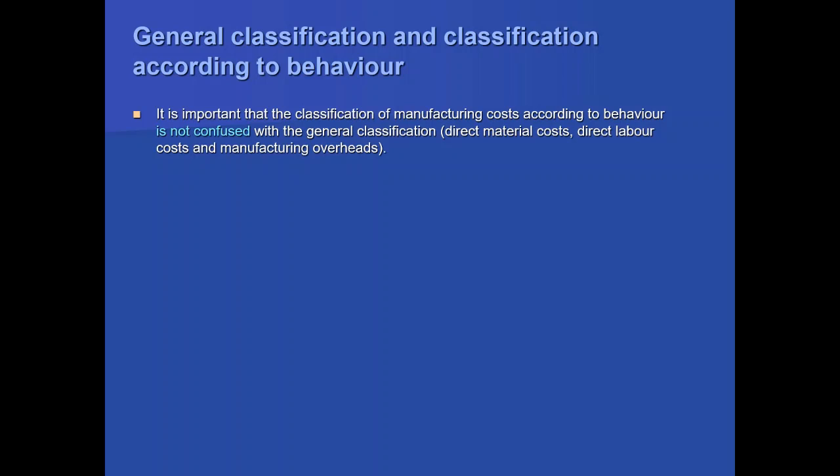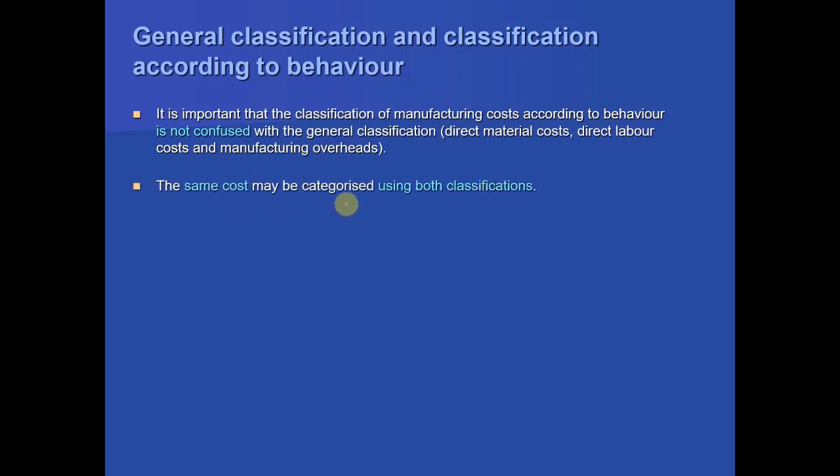So let's just compare again the general classification and the classification according to behavior. It is important that the classification of manufacturing costs according to behavior is not confused with the general classification. The general classification is direct material costs, direct labor costs, and manufacturing overhead.